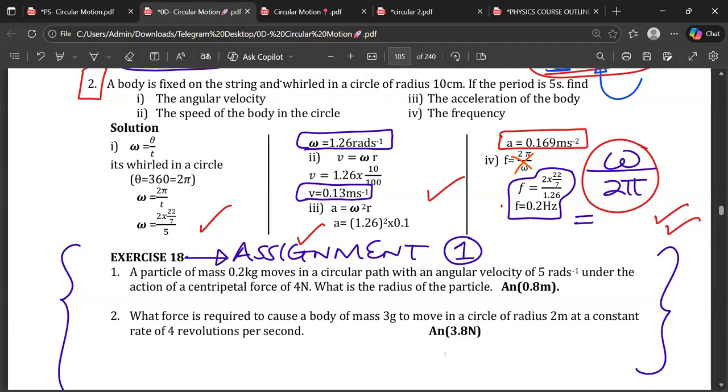Which one did you get? 1.58. What? Yes. This is what I'm also getting. Yeah, you're right. Let me check. Did these people do squared?